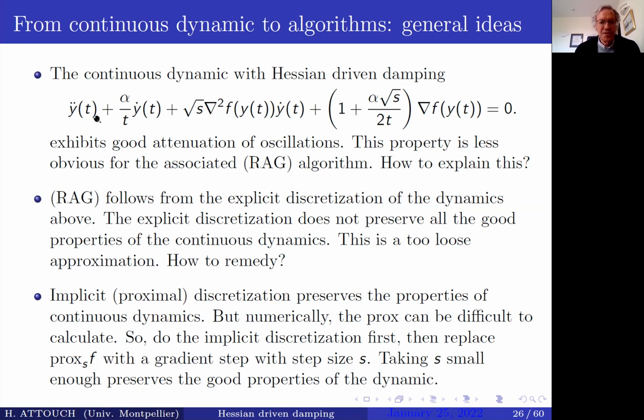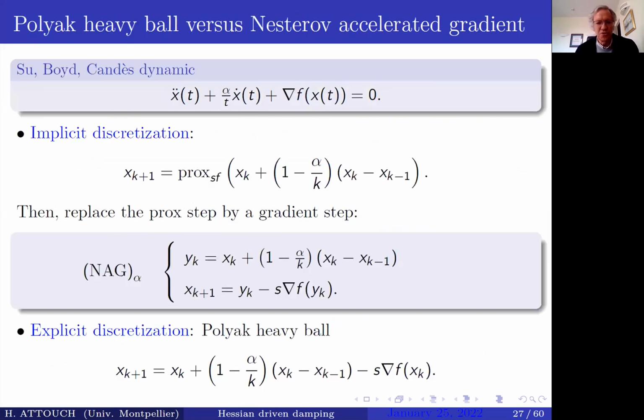We are going to obtain a better algorithm by following this device. I think this is something important. Let me just illustrate this in a simpler situation. Take the Su-Boyd-Candès dynamic, which is here. If you do implicit discretization, you obtain the proximal gradient, the inertial proximal algorithm.